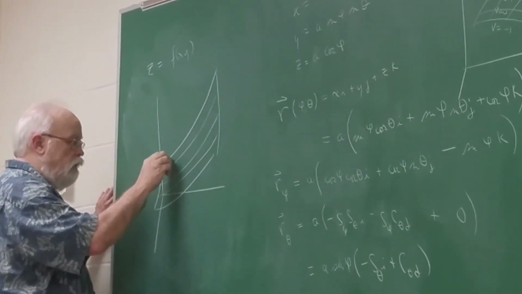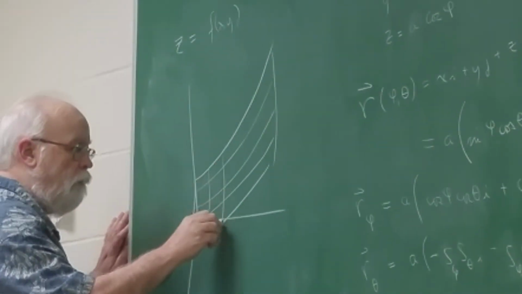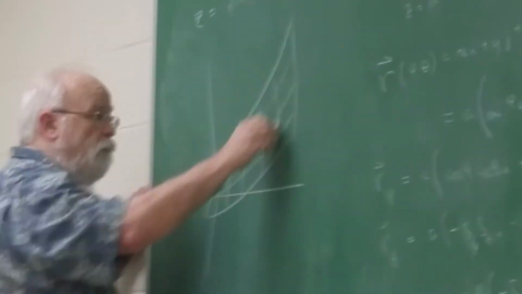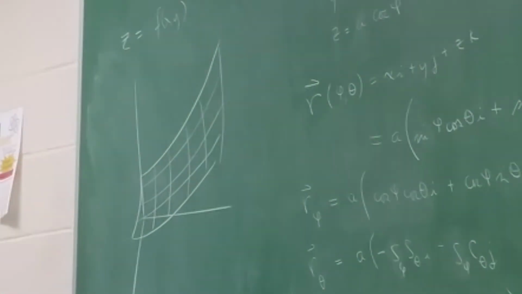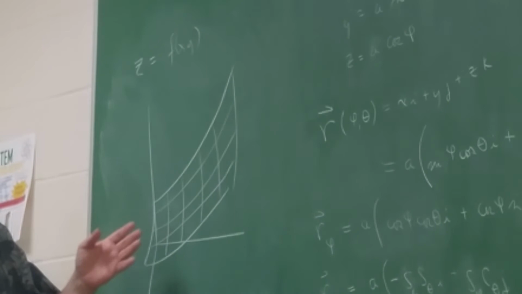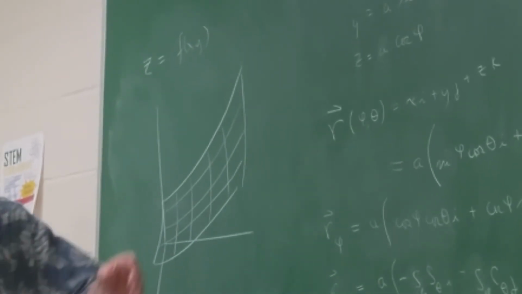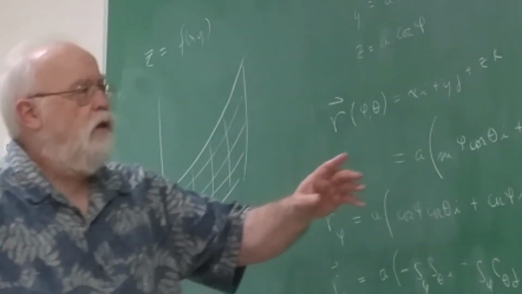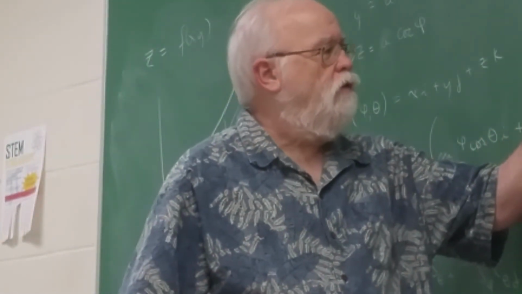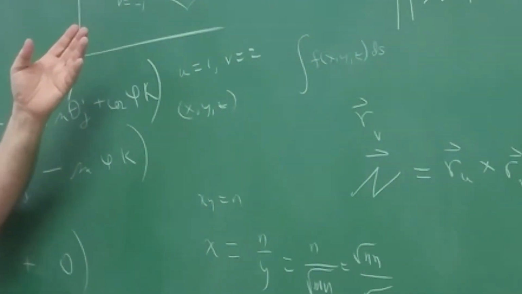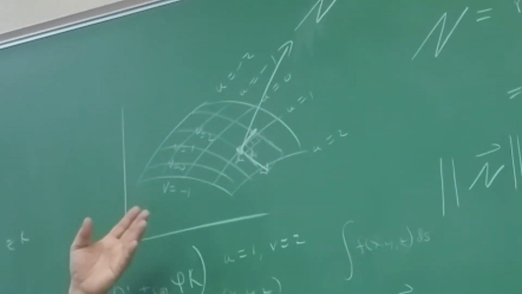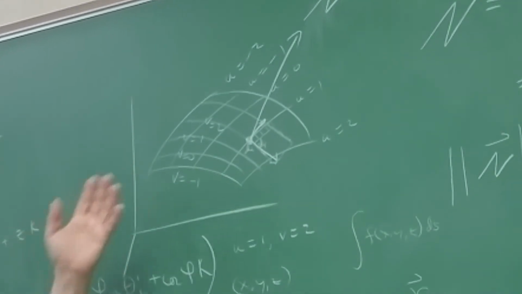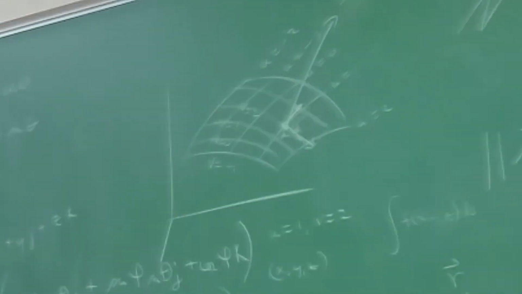And then here's some curves of constant y. And then these are gonna be my grid lines, like over there. So over here, I had a variable u and a variable v, and when I held one of those unknowns constant, then I got one of these sets of grid lines.